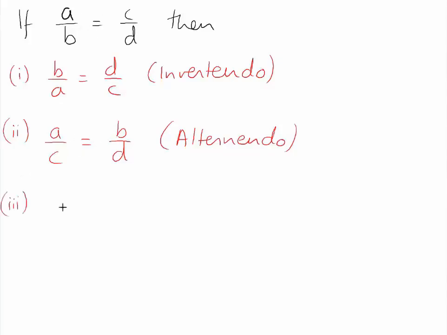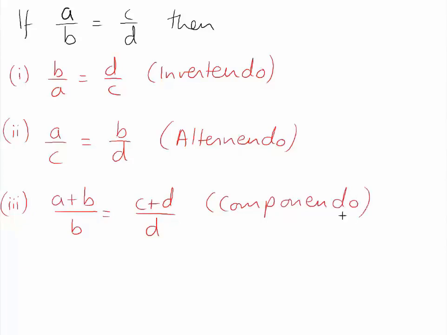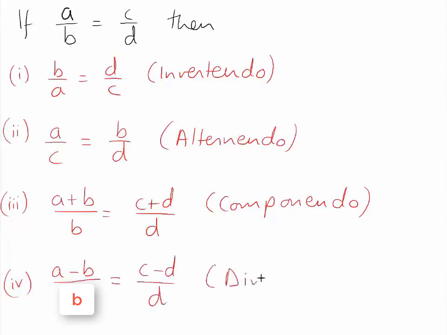Next is componendo. If this is true, then this is also true. This is called componendo. Similarly, we have dividendo, where we subtract denominator from numerator. This is called dividendo.